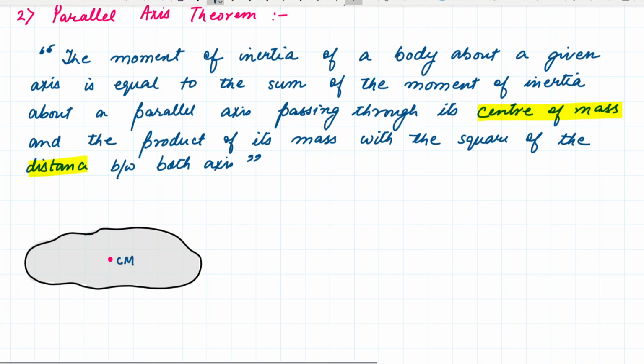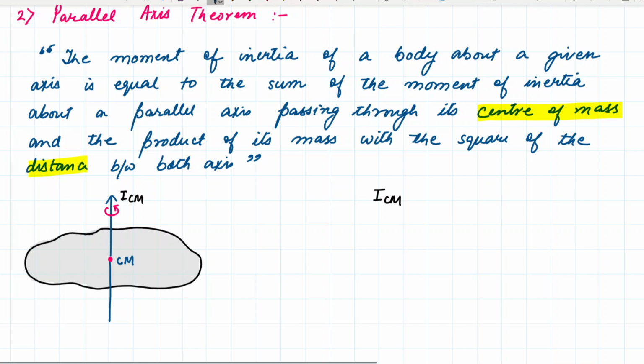Then if a line passes through the center of mass, with respect to rotation about this axis, let's suppose this is ICM. ICM simply represents the moment of inertia of the entire body with respect to an axis passing through the center of mass.